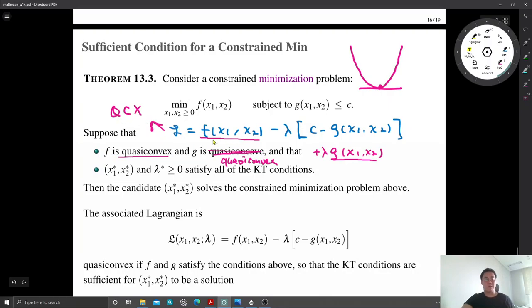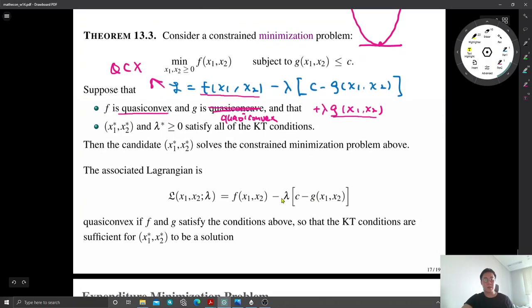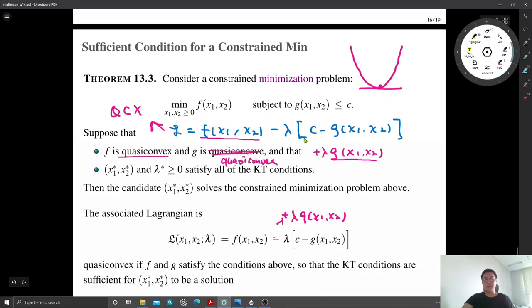So the objective function must be quasi-convex, and function g must be quasi-convex too. In this case, the Kuhn-Tucker condition becomes a sufficient condition, because we have two negative signs, so it comes down to just plus lambda times g of x1 and x2. But if the given inequality was reversed like this, then we are going to have g of x1 and x2 minus c inside this bracket.